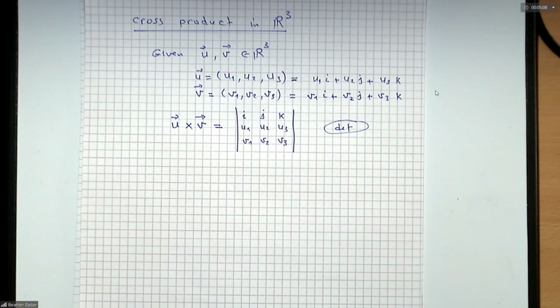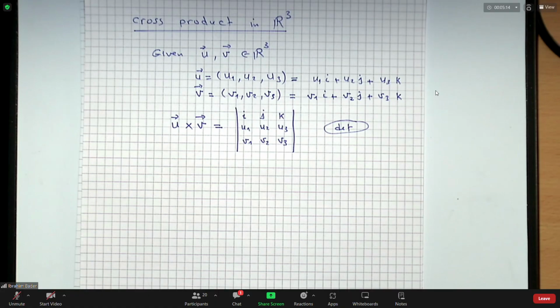I don't see anything on the chat, so yes or no? Can you hear me? Anyone here in the classroom who never heard about determinants?